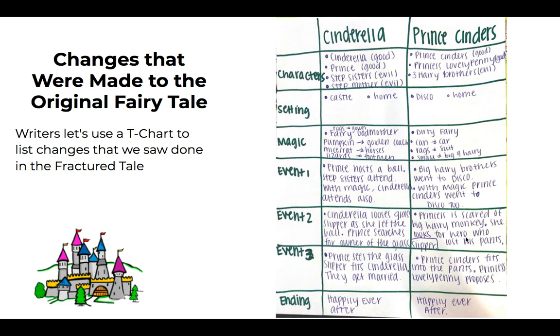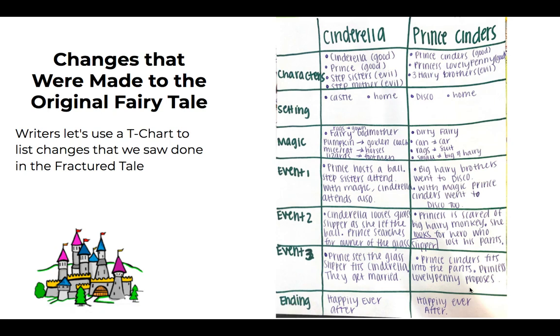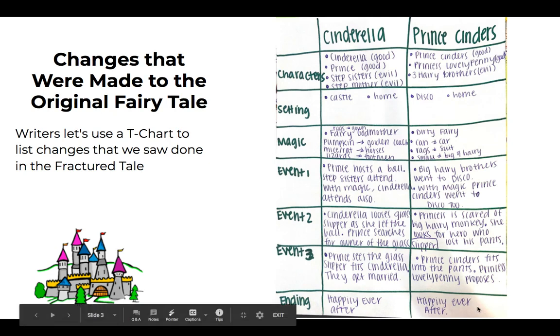Okay, so she's looking for the owner of the pants instead of the owner of the glass slipper. In event 3, Prince Cinders is the one that fits into the pants, and so Princess Lovepenny proposes and they get married. And then they live happily ever after.